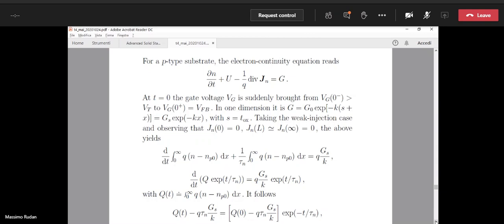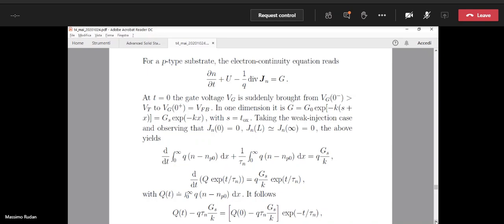And then the other term at the left-hand side is the derivative of Jn with respect to x that we must integrate between 0 and infinity. So we get Jn at infinity. In principle, it is not infinity, it is L. L is the total thickness of the semiconductor wafer, which is almost infinity for these purposes.